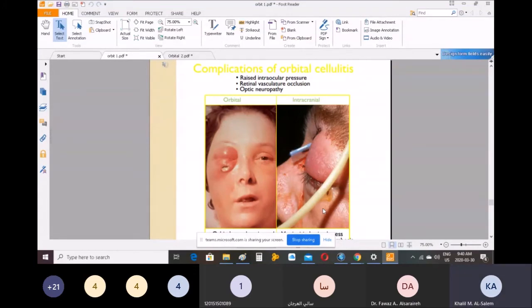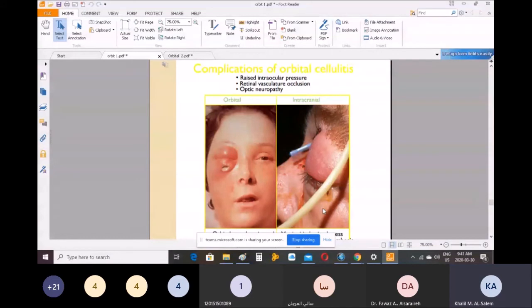The orbital cellulitis usually forms an abscess, and this abscess can drain out of the skin, which is very rare, or it can easily go back into the cavernous sinus, causing cavernous sinus thrombosis, encephalitis, meningitis, or it can drain through the sinus, causing pneumonia and sepsis, sometimes.